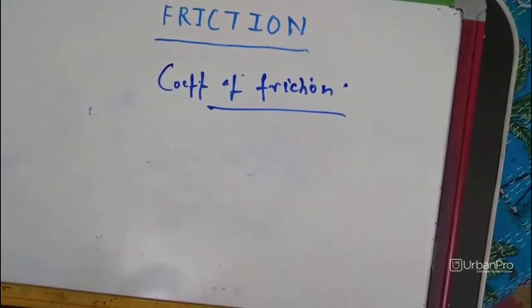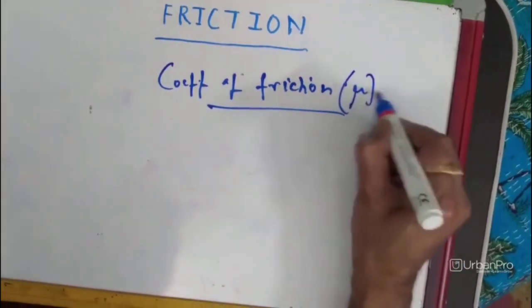Which could take values of 0.1, 0.2, maybe even 1. And that coefficient is defined as mu.